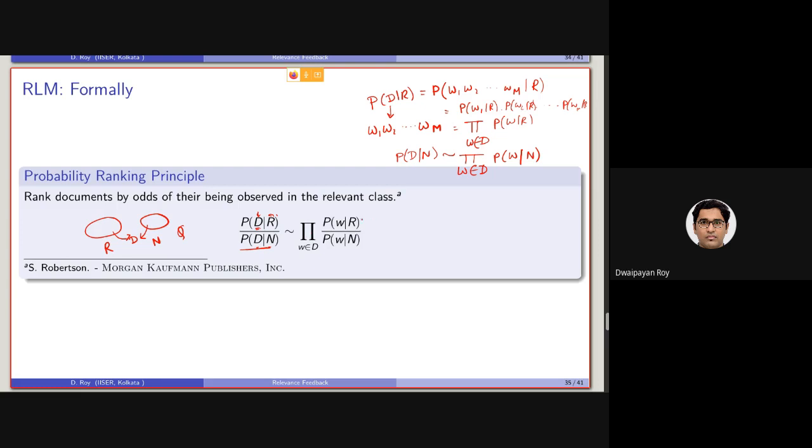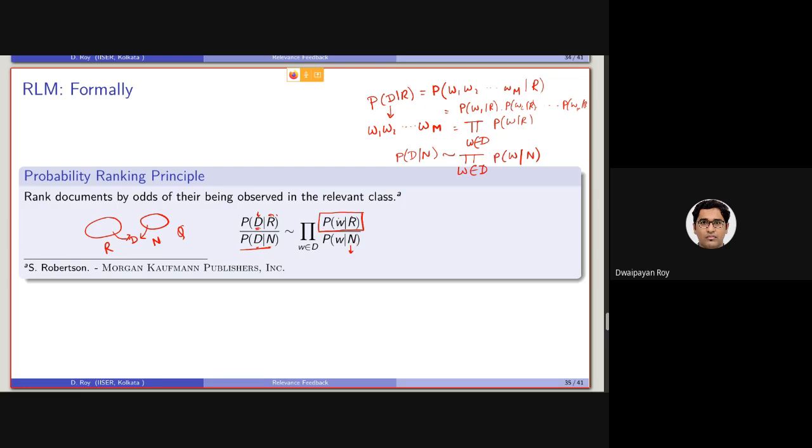Now here we'll be concentrating only on the numerator, that is, the probability that the word is generated from a relevance set. As we have discussed already, estimating this is very problematic because N can be multi-topical, and definitely N will be multi-topical.